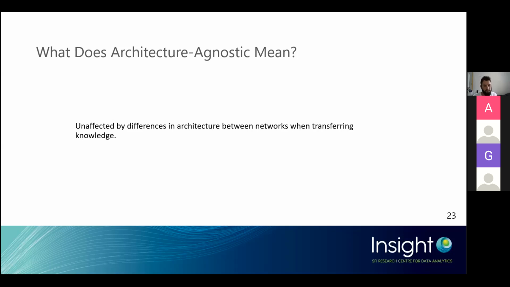So we want it to work when the teacher maybe is much deeper or has wider layers than the student, or even maybe different activation functions on the layers. And a lot of current approaches have drawbacks here. So what we did was try and categorize some of the main constraints that are prevalent across a lot of methods, and then maybe we can tackle them one by one in the future and design better methods.